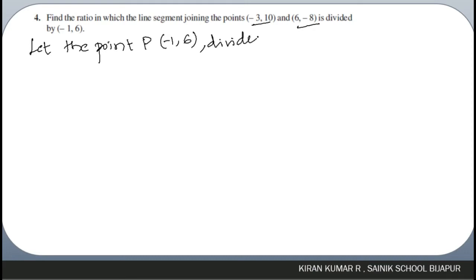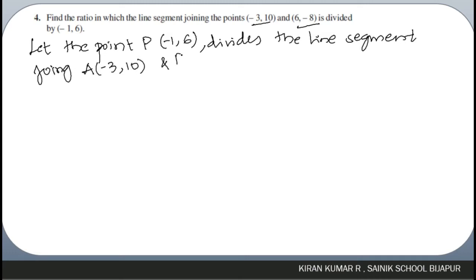divides the line segment joining A -3, 10 and B 6, -8 in the ratio k:1.